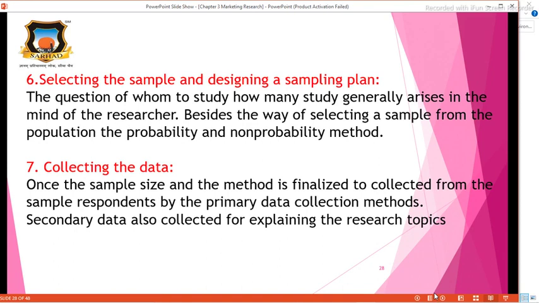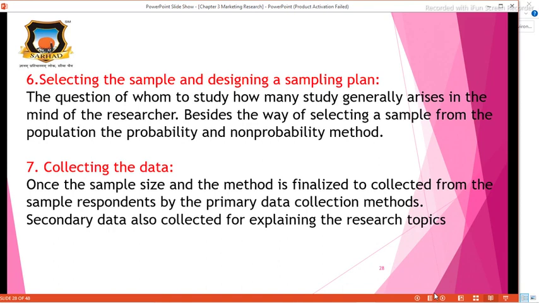Here the researcher has to decide from whom and from how many respondents the researcher is collecting the data, and also the sampling method. In short, the sample size and the sampling method should be decided.